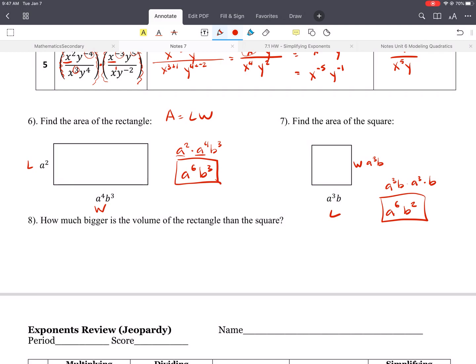We want to find basically the ratio of the areas, okay? So we want to do something like a to the sixth, b to the third from here, and see how many times the smaller one can go into it, okay? So we divide that by a to the third, b. Okay, and then we just want to simplify. That would be a to the sixth minus 3, and b to the third minus 1.